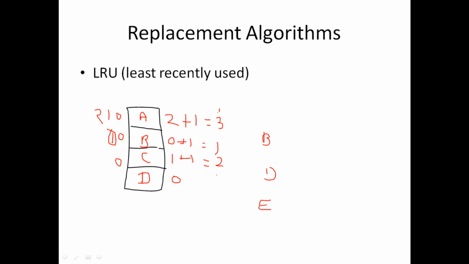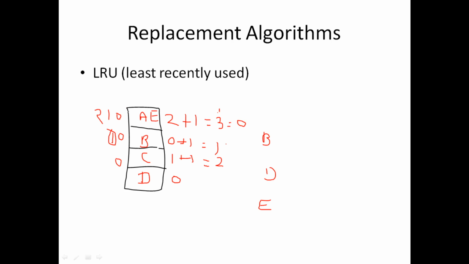These numbers tell us which is not used recently, that is the number 3. So E will replace that block, and as soon as it replaces it, its counter will be 0, and the counters of the other three blocks will be increased by 1.